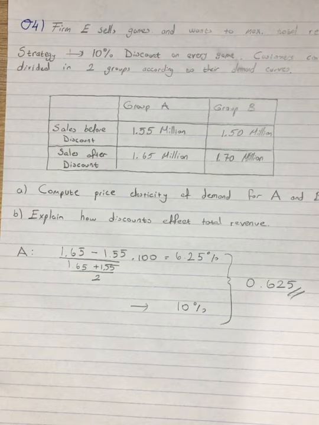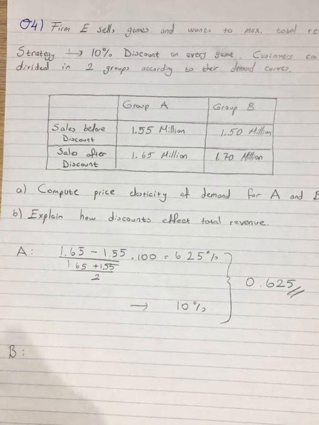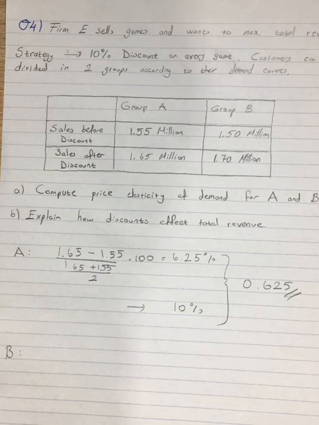What can you say about their elasticity? They are inelastic because their elasticity is less than 1. Let's find the elasticity for group B. What's the change in quantity demanded for them?